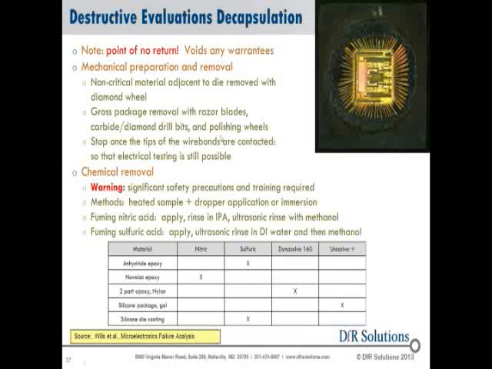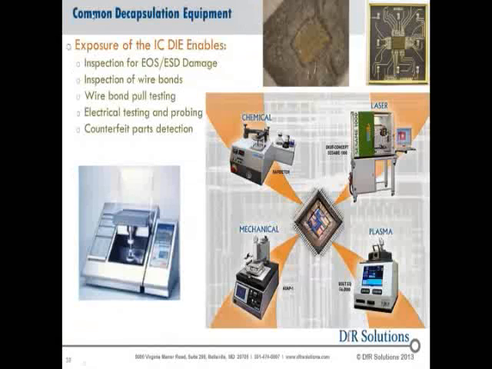So again, this is not for the faint of heart. These are nasty materials. You need a properly vented system. You need operators, technicians who know how to handle these chemicals without absorbing toxic fumes or burning themselves or splattering, things of that nature. There's a number of different systems for decapsulating different types of components.